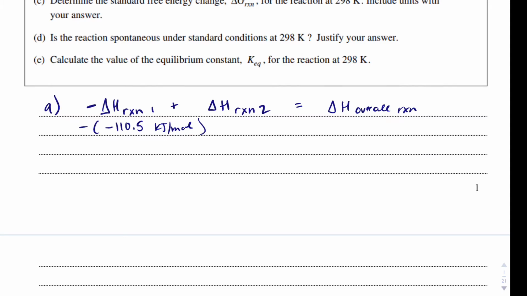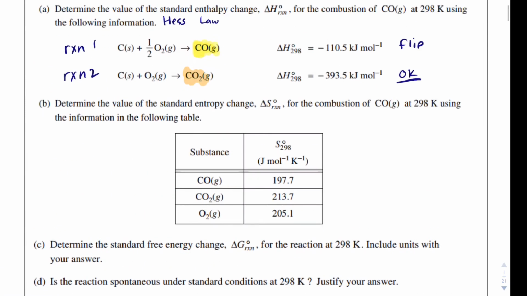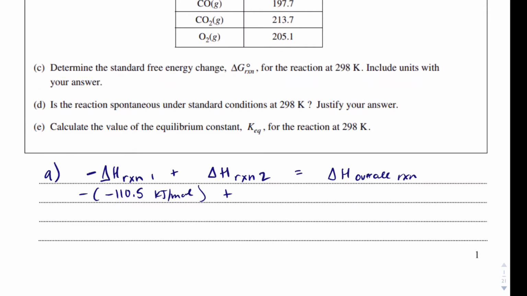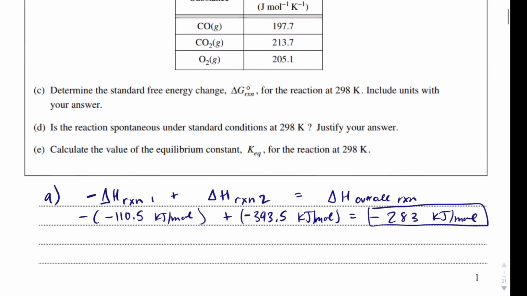And then plus the delta H of reaction 2, which is negative 393.5 kilojoules per mole. And when I add those up, I get negative 283 kilojoules per mole. Okay, so that is my answer for part A.